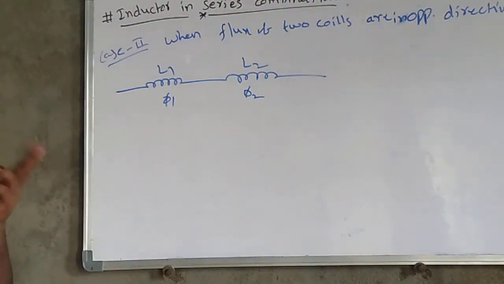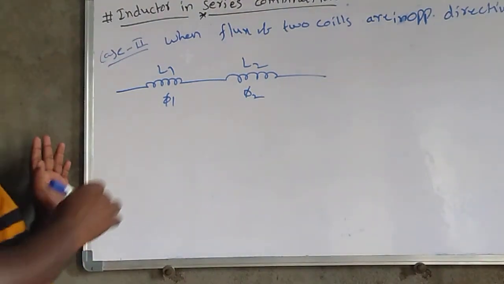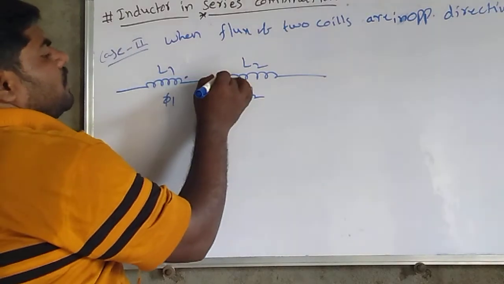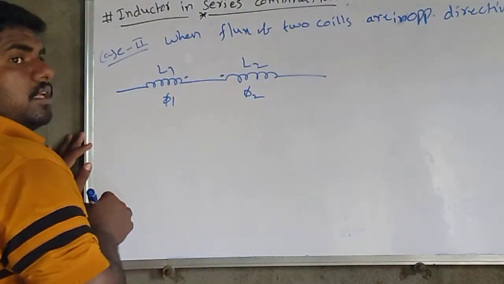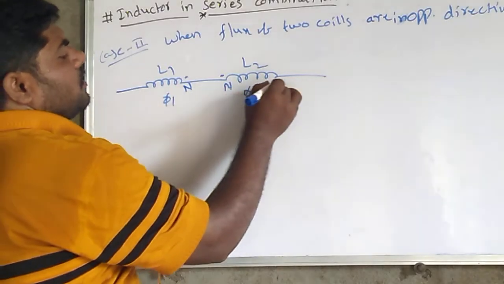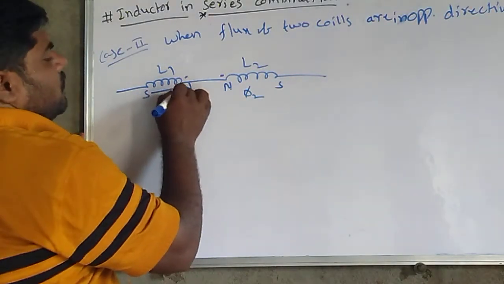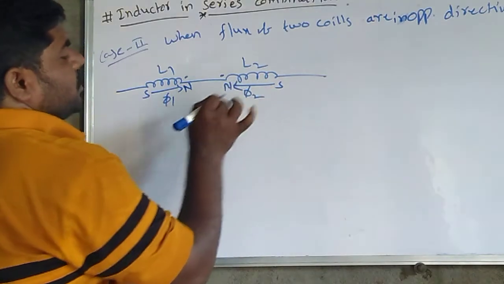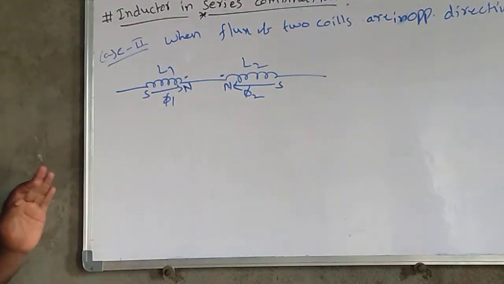Any one of them is opposite. These are the dot points, here the north, here the south. This is the direction; one is in the opposite direction.